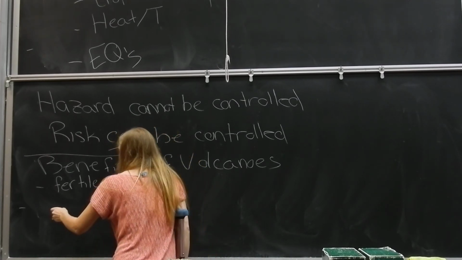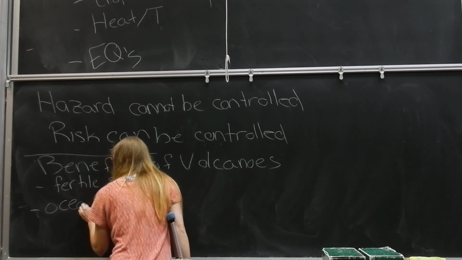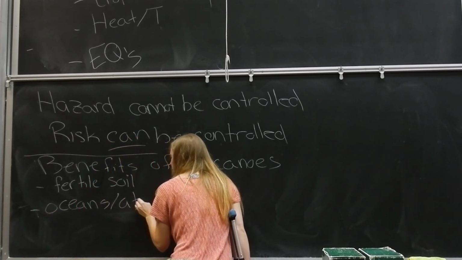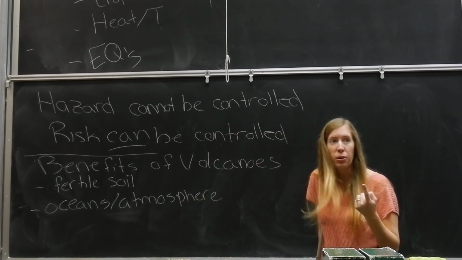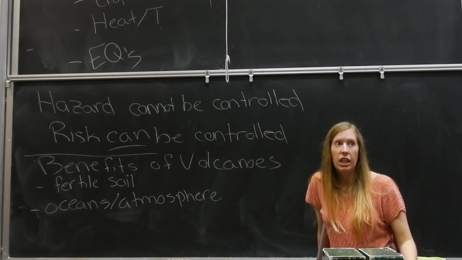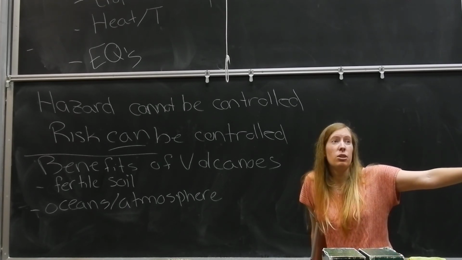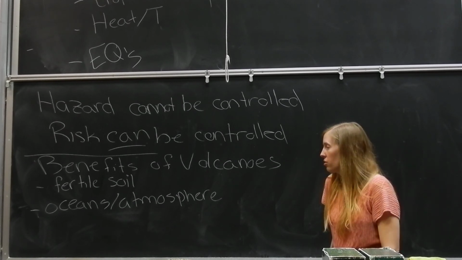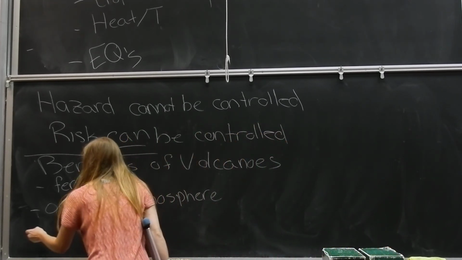We've got islands, but because of that, the oceans and the atmosphere are breathable and sustainable because of volcanic activity in the past. We'd still be covered in 2 kilometers of ice if it wasn't for volcanic eruptions. So we like volcanoes.